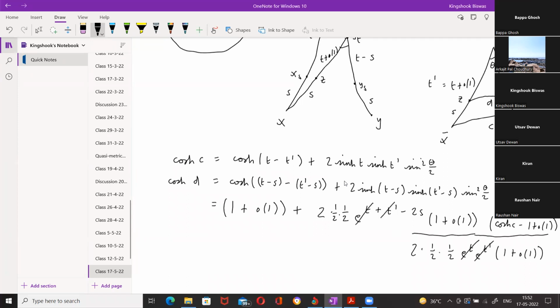So I'll just get e to the minus 2s, and all of this will cancel. I just get cosh c minus 1, plus little o of 1. And there's a 1 here.